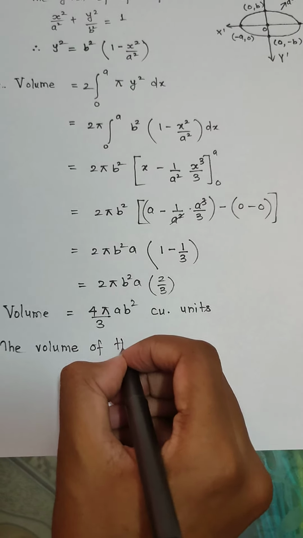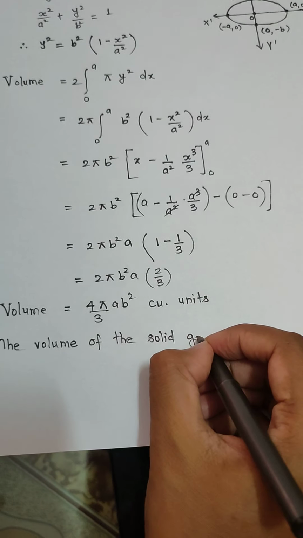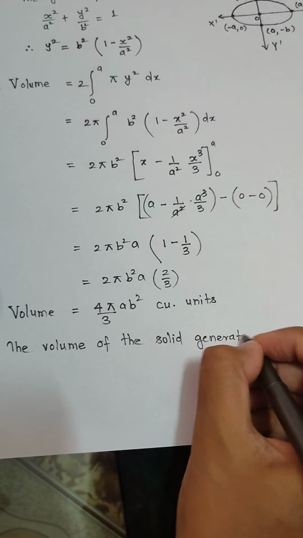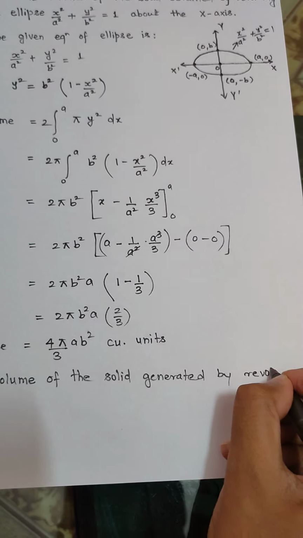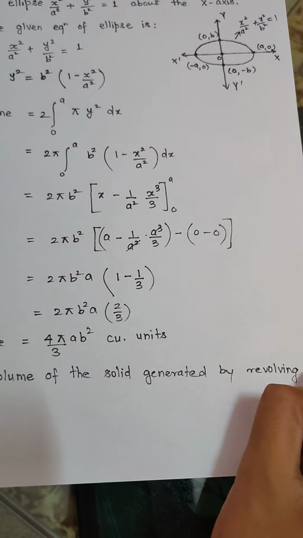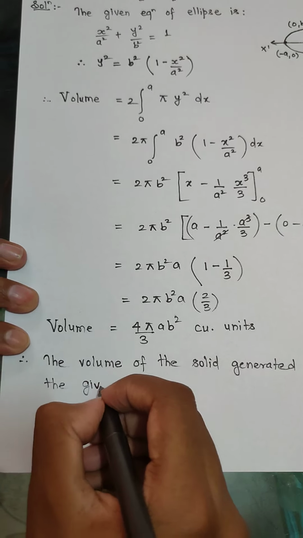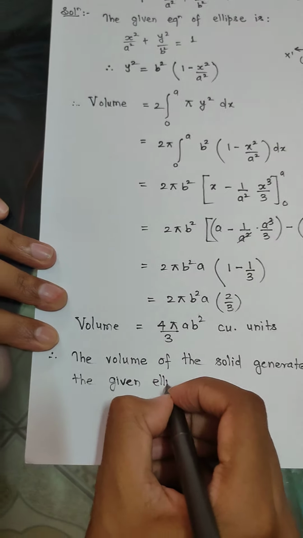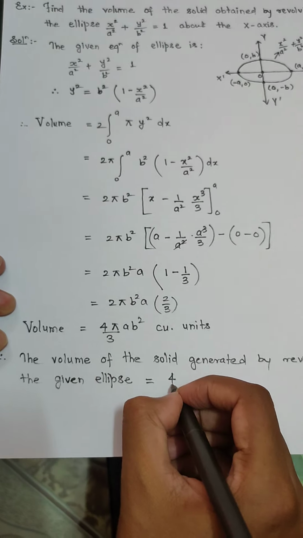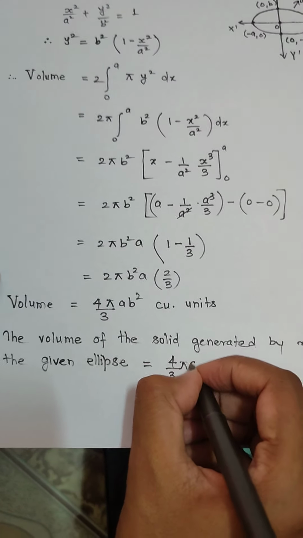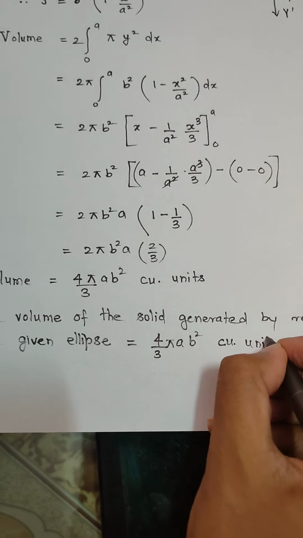The volume of the solid generated by revolving the given ellipse is equal to 4 by 3 pi a b square cubic units.